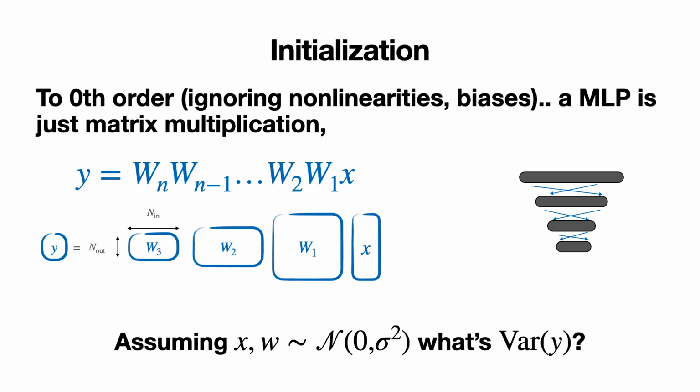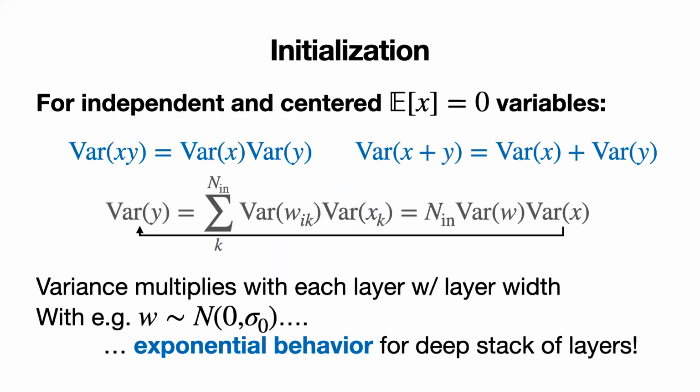A natural question to ask is, if we have a standard unit variance for the input x, once we pass it through many matrix multiplications, what's going to be the variance of the output? Okay, so bad news. Let's say we have a nicely centered variable. We can use some basic properties of probability densities.